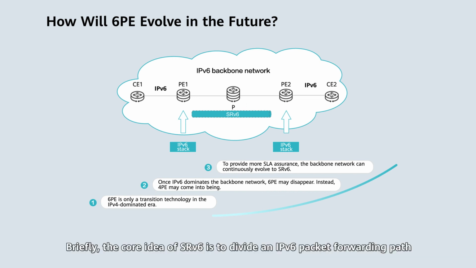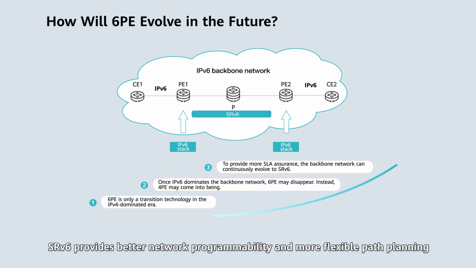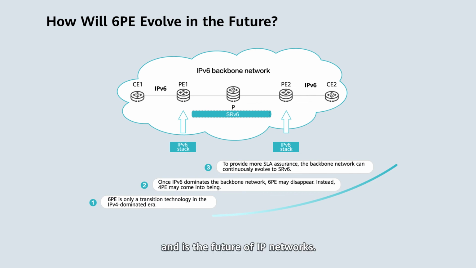Briefly, the core idea of SRv6 is to divide an IPv6 packet forwarding path into different segments and insert segment information into packets at the ingress of the path to guide packet forwarding. It uses a source routing mechanism to implement path planning and TE. SRv6 provides better network programmability and more flexible path planning, and is the future of IP networks.